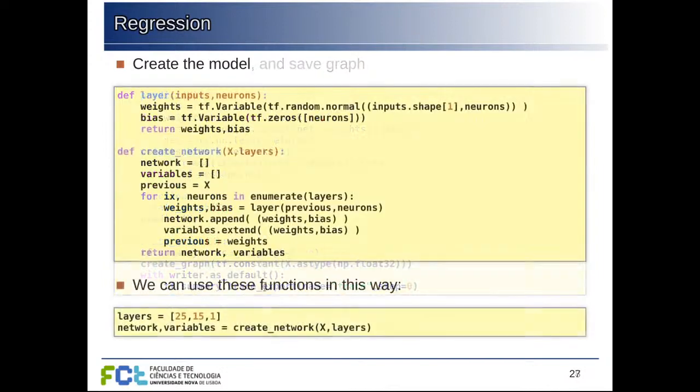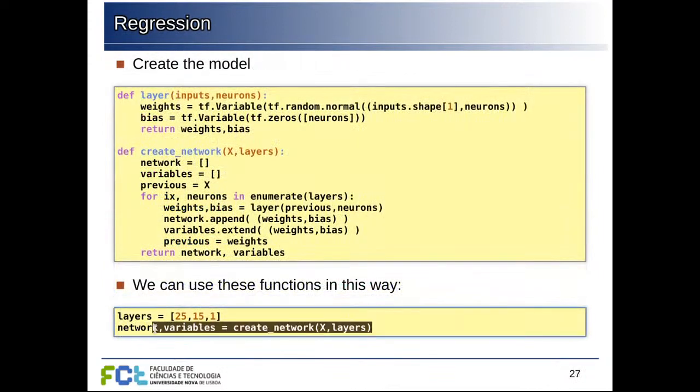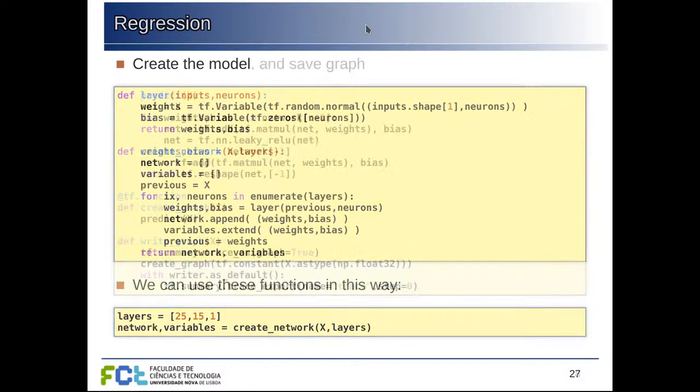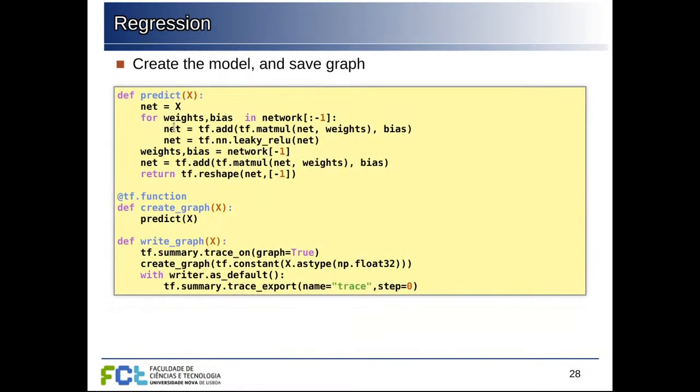Remember that this network is a global variable with all the tensors we need for our model. We're going to start on the first layer, multiply the input by the weights of this first layer, add the bias value, and then apply the leaky ReLU activation for this layer.